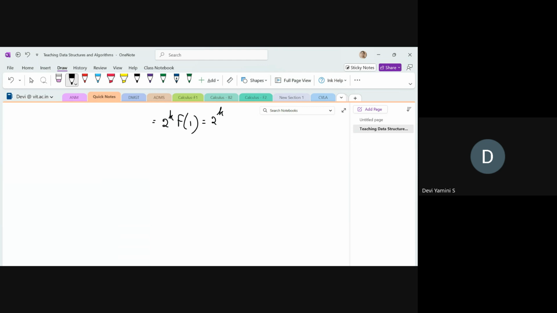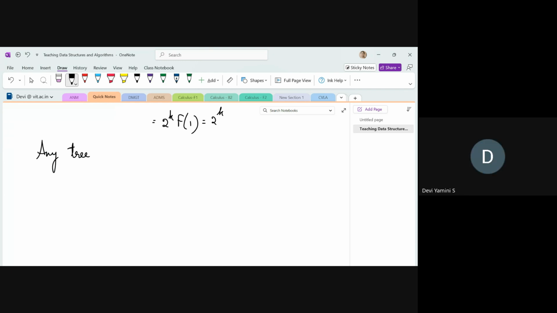Does anyone have an answer for this? Any tree? One. N minus 1. Depends on the height. 2 raised to power h. So if the height is h, the number of leaf nodes are 2 power h. 2 power h plus 1.